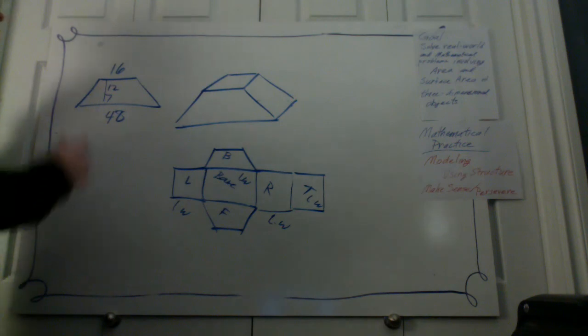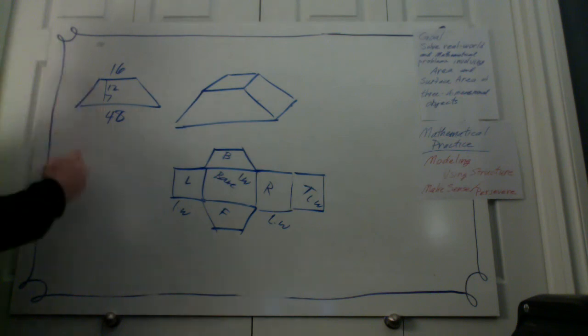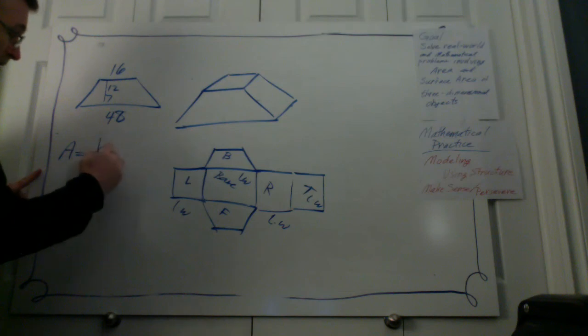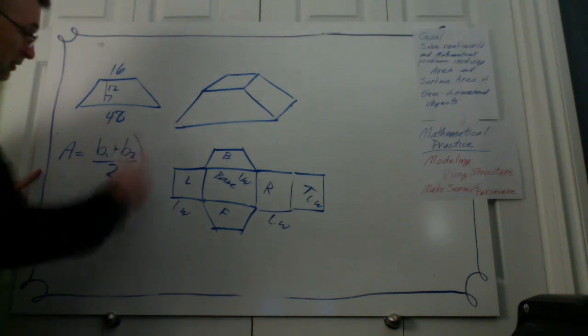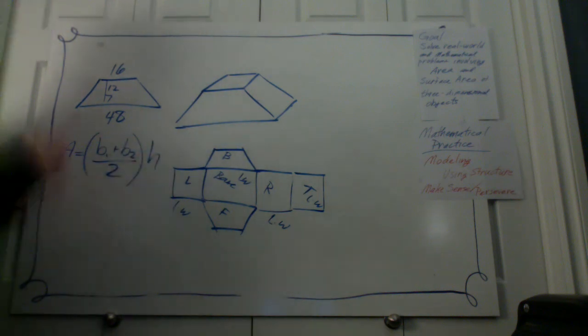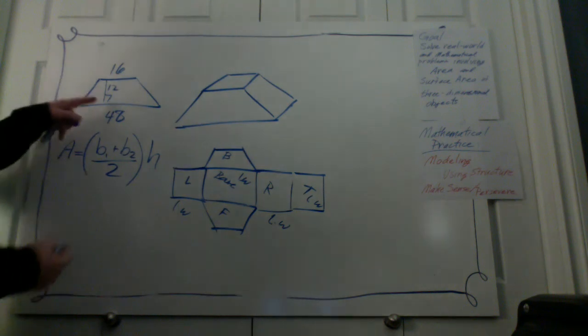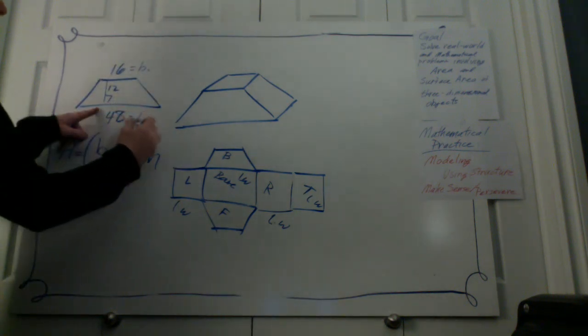Now, the formula for the area of a trapezoid looks like this. It's the first base plus the second base divided by 2 and then multiplied by the height. So it's something times the height. So this is base 1 and this is base 2.